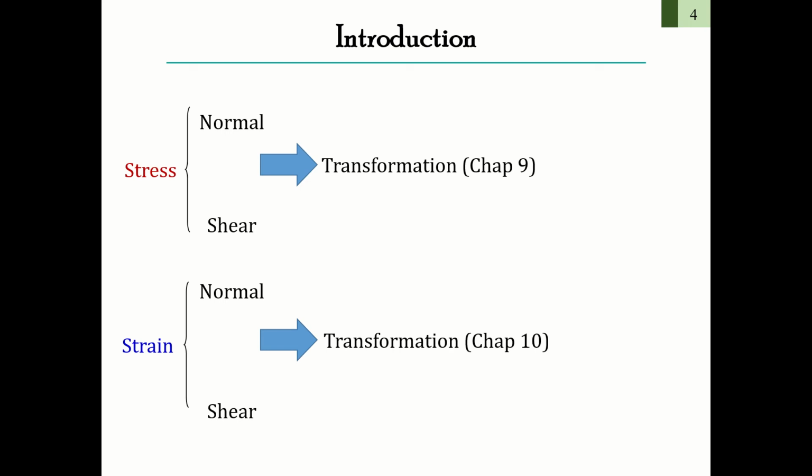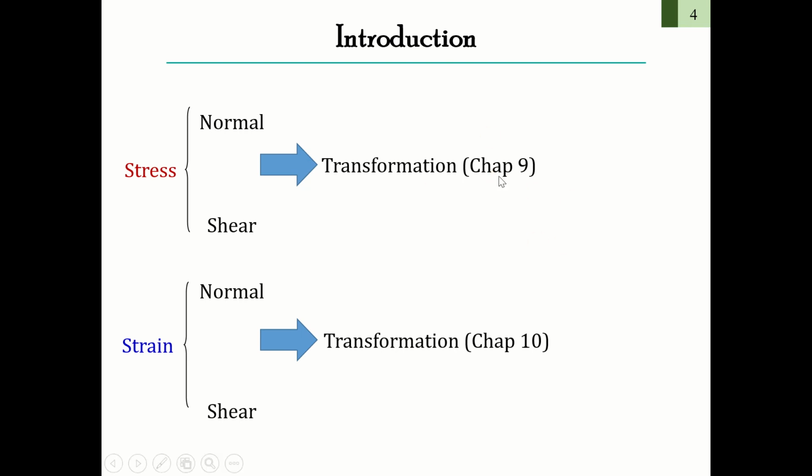If you cut it in a different plane, horizontal or vertical, at this point, you will get different normal and shear stress. That's called the transformation of normal and shear stress in chapter 9.